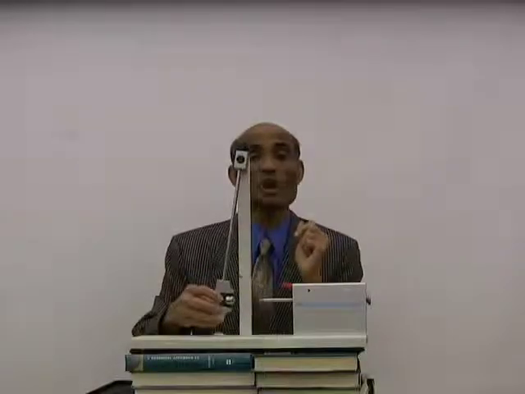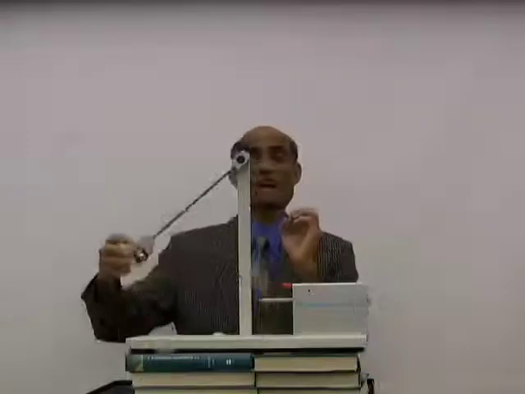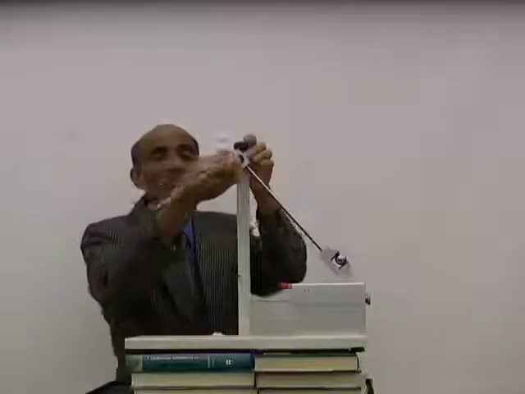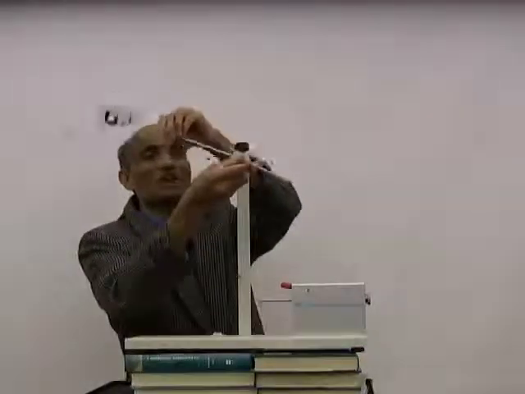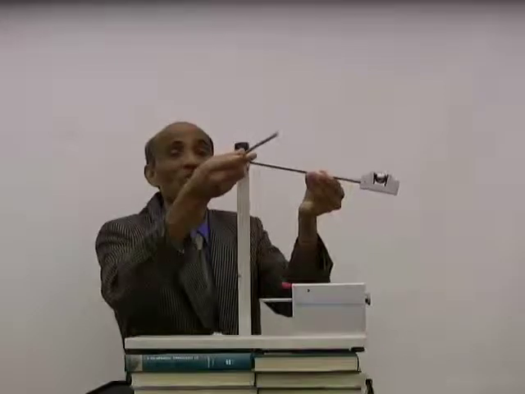First of all, a rotation always occurs about an axis. Now, what is the axis of rotation of this object? Let me see if I can show that to you. This is the axis of rotation. You see that? This object is now rotating about this axis.